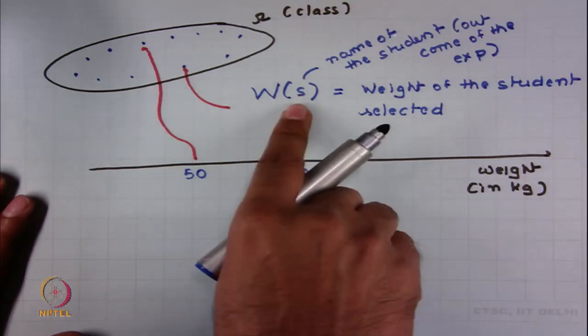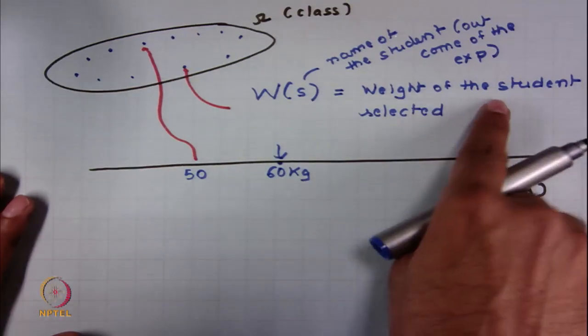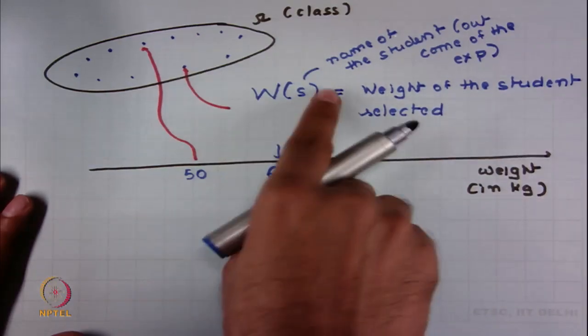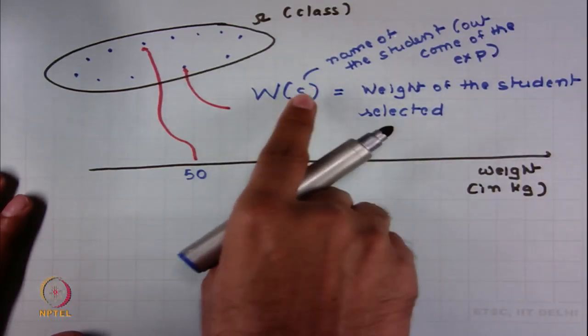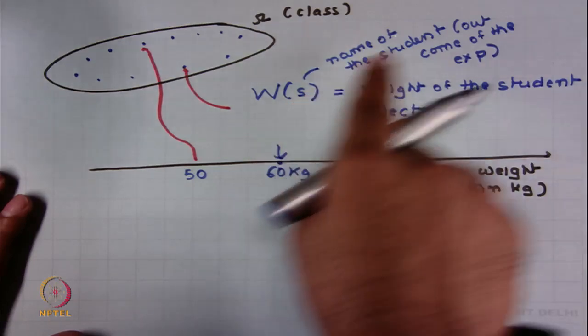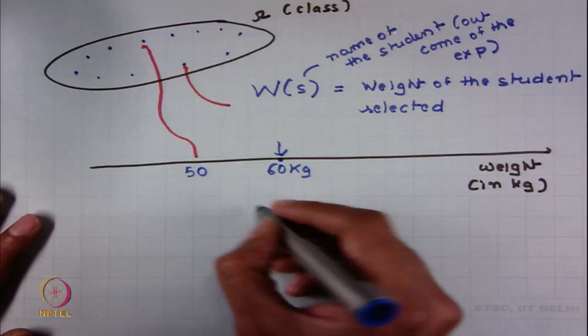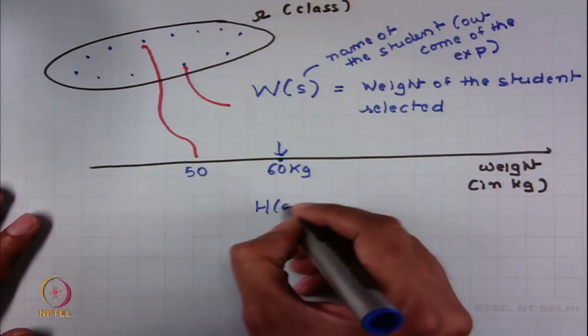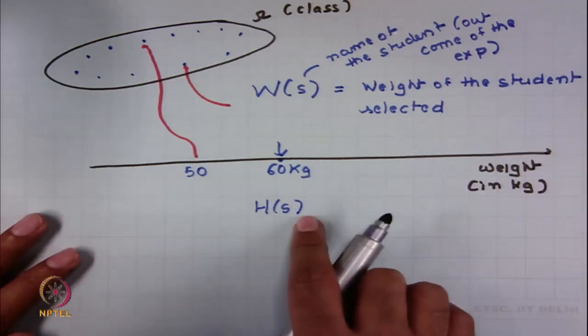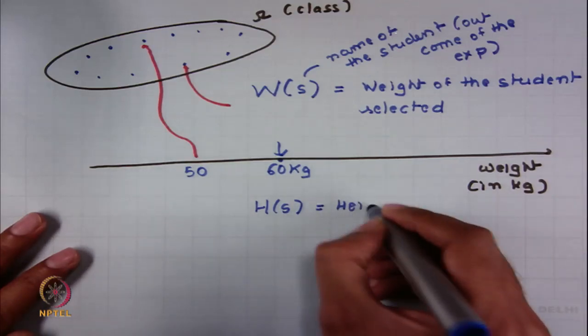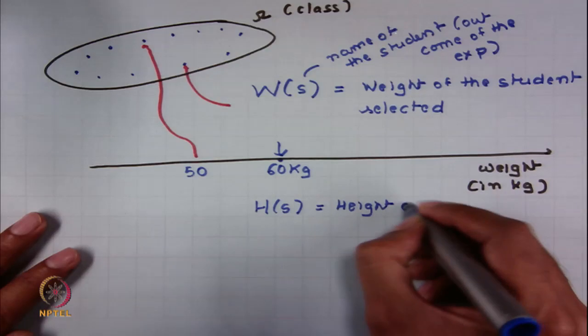In this case the numerical value is the weight of the student selected, but in general this function provides a numerical value to the outcome of the experiment. For example, I could have chosen another function, h of s. h of s might give me the height of the student selected.